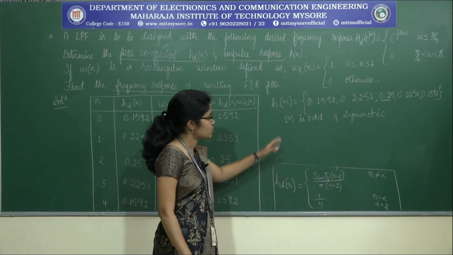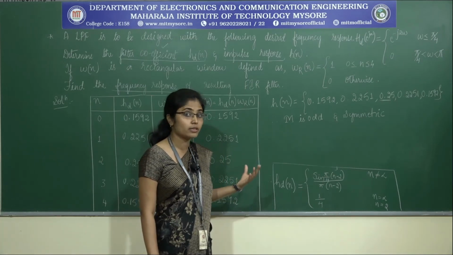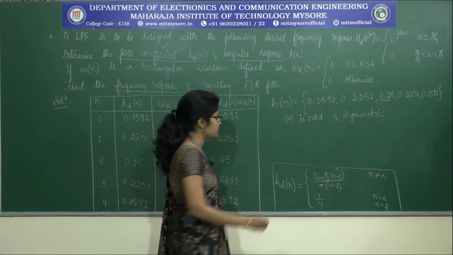Is this clear? So whenever it is odd and symmetric, what is the expression for h of omega which we saw in the derivation of symmetric and antisymmetric filter?